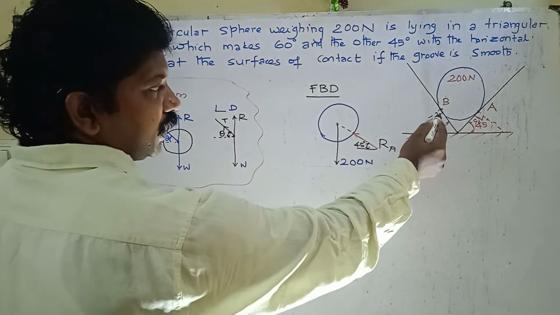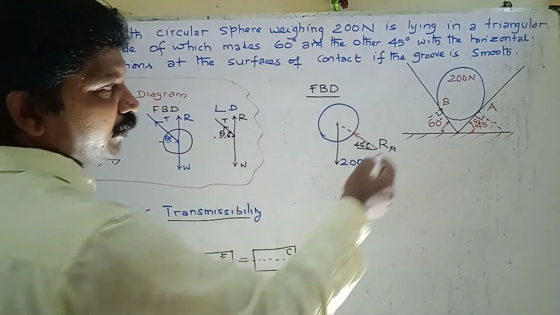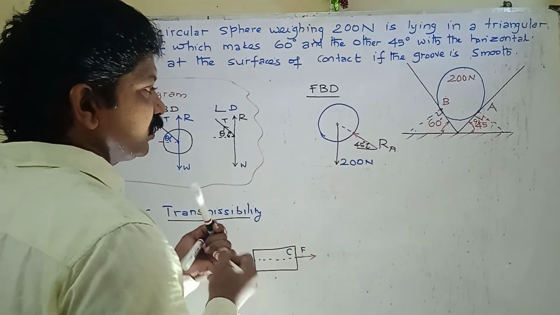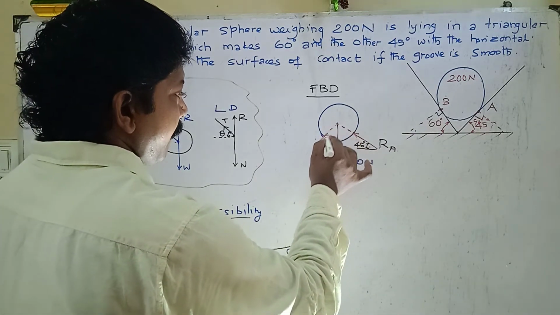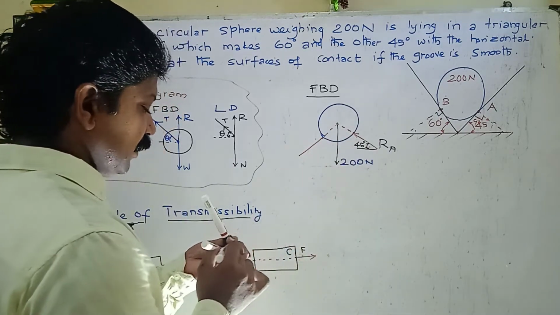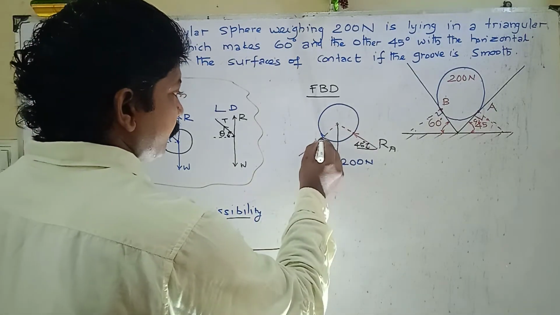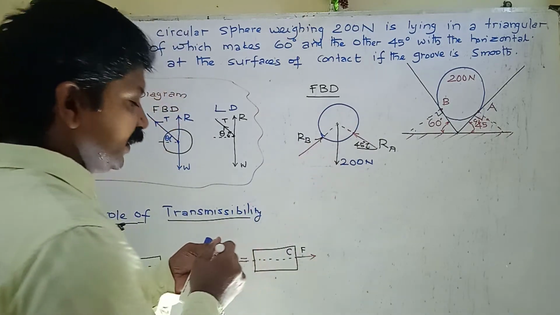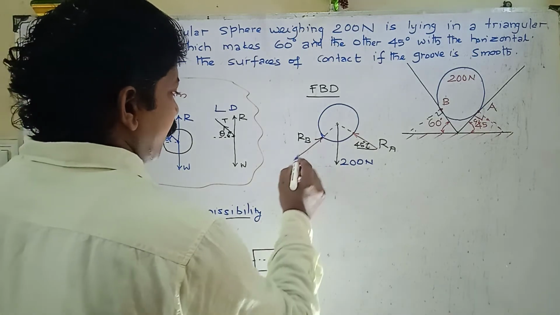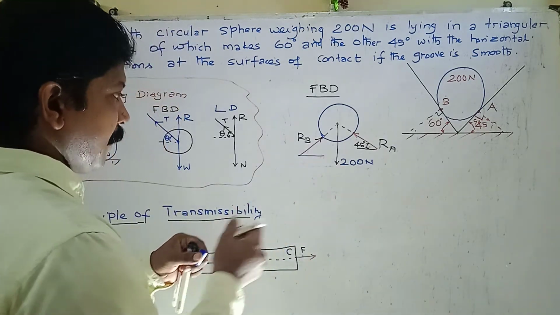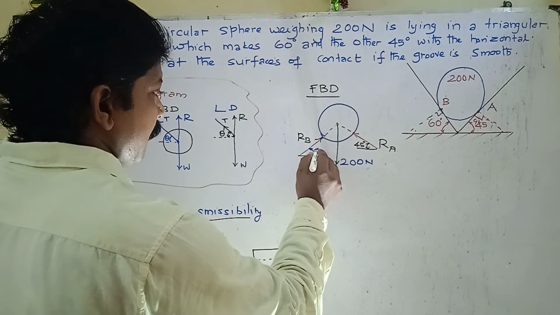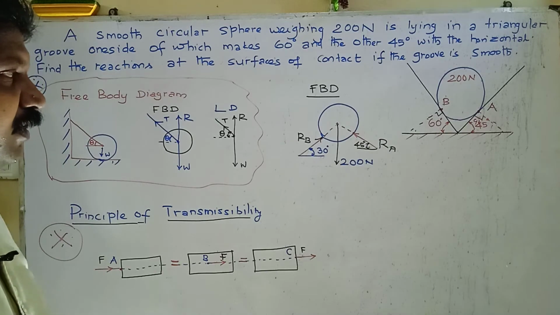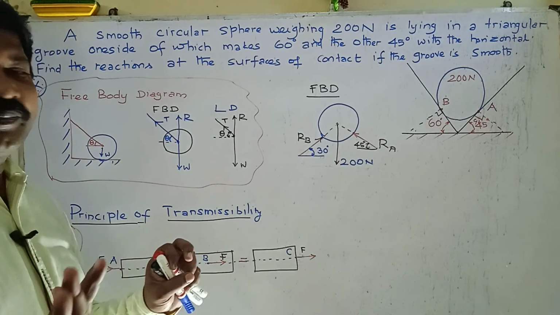So 90 plus 60, the remaining angle with inclination is 30 degree. So reaction at B, RB, is at 30 degree inclination with horizontal. Now the free body diagram is over.